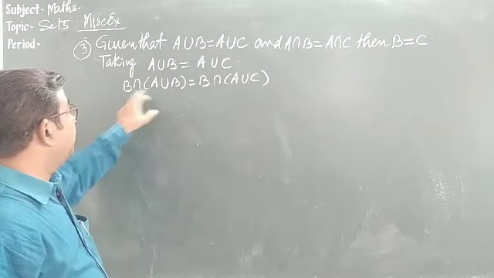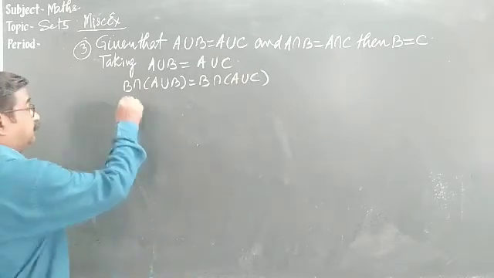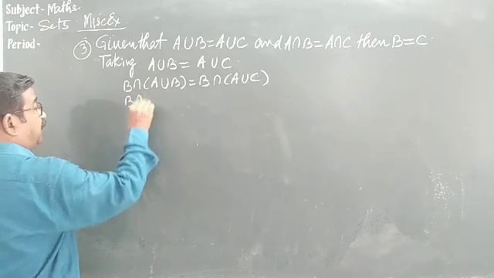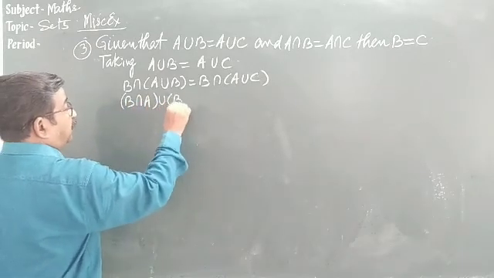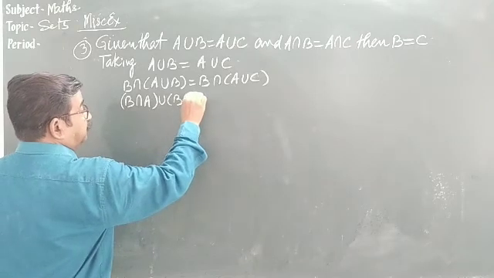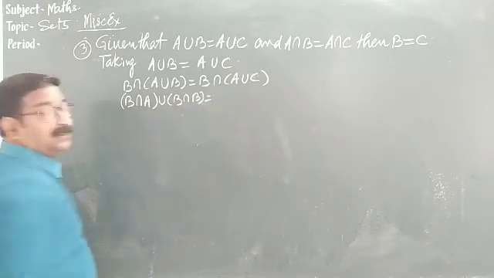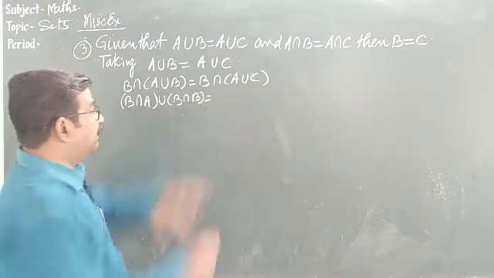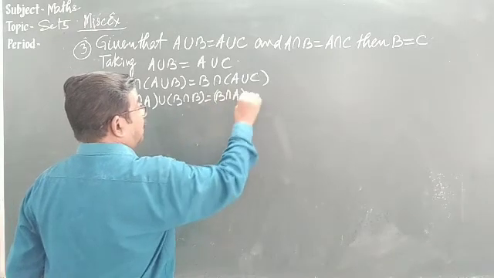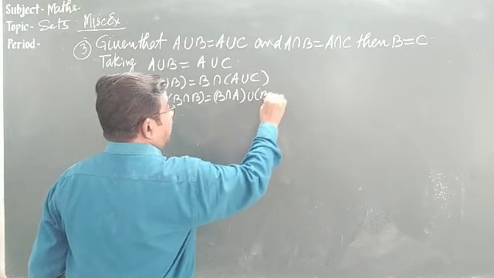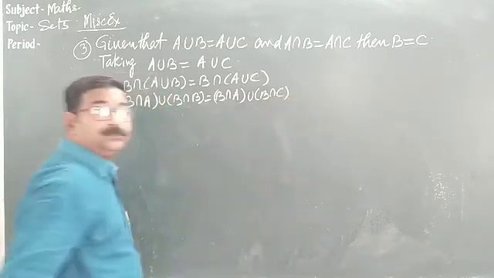What we have? (B intersection A) union (B intersection B) on this side, and on this side we have (B intersection A) union (B intersection C).